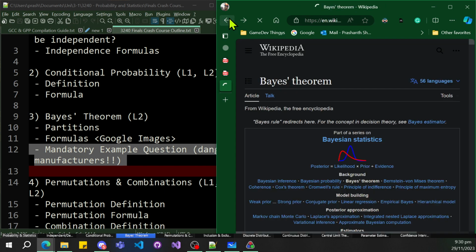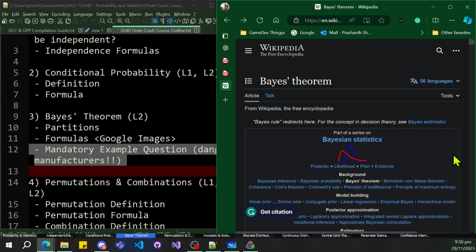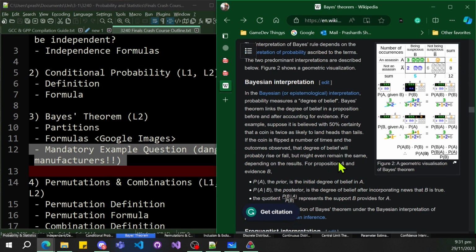If you don't understand what I've mentioned about Bayes theorem, I highly recommend take a look at this diagram. Maybe not the whole Wikipedia page, because Wikipedia can be very verbose, but have a look. Yes, I know, I've seen the diagram before. But it really is a very good diagram.